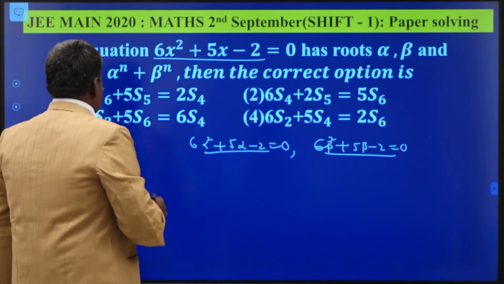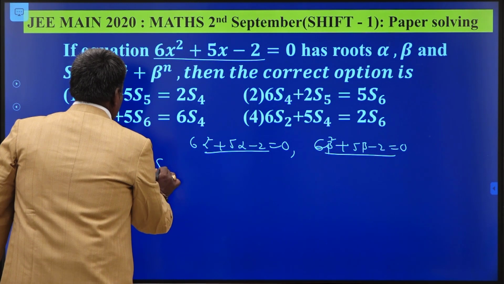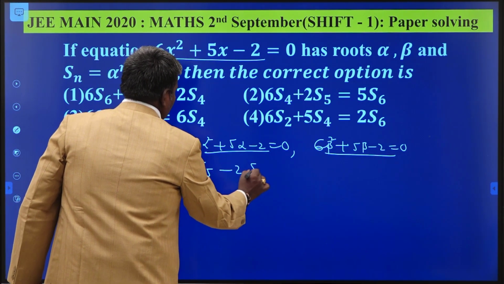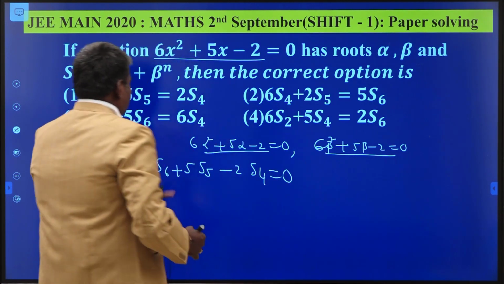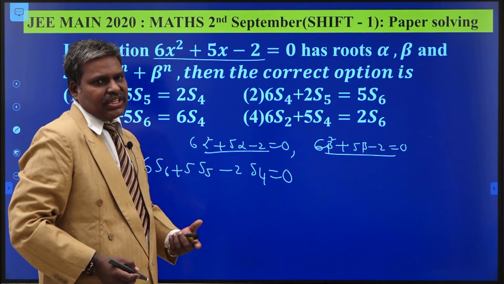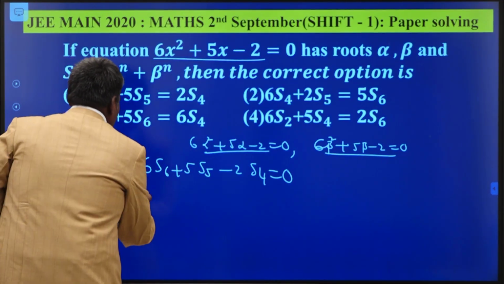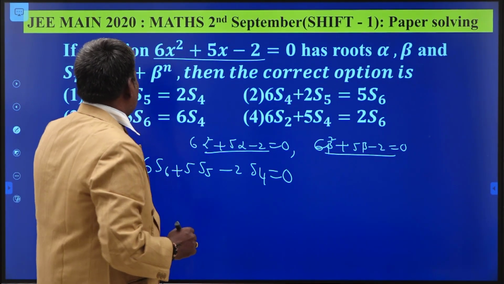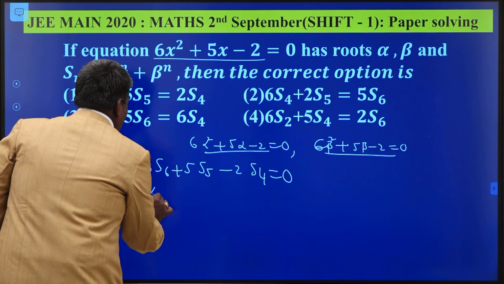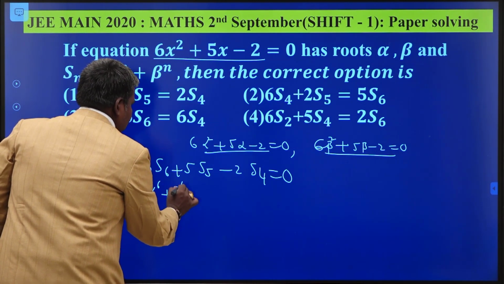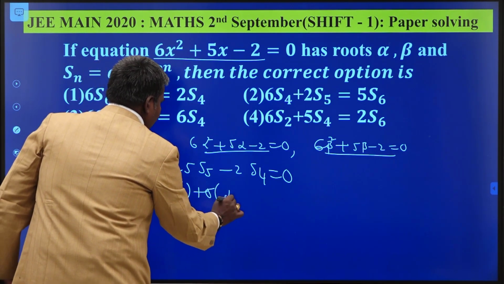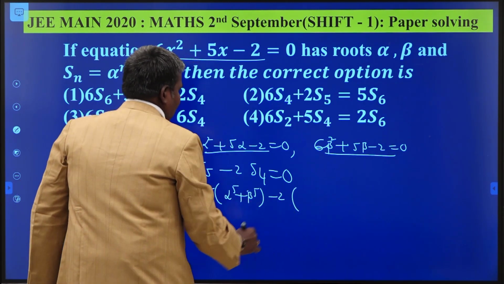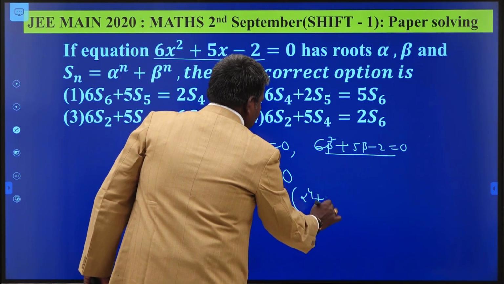Now consider the first option, that is what? 6 S6 plus 5 times of S5 minus 2 S4 equal to 0. Is it correct or not? From those conditions we have to find out. 6 times of S6, Sn is defined as alpha power n plus beta power n. That is 6 times of alpha power 6 plus beta power 6 plus 5 times of alpha power 5 plus beta power 5 minus 2 times of alpha power 4 plus beta power 4.